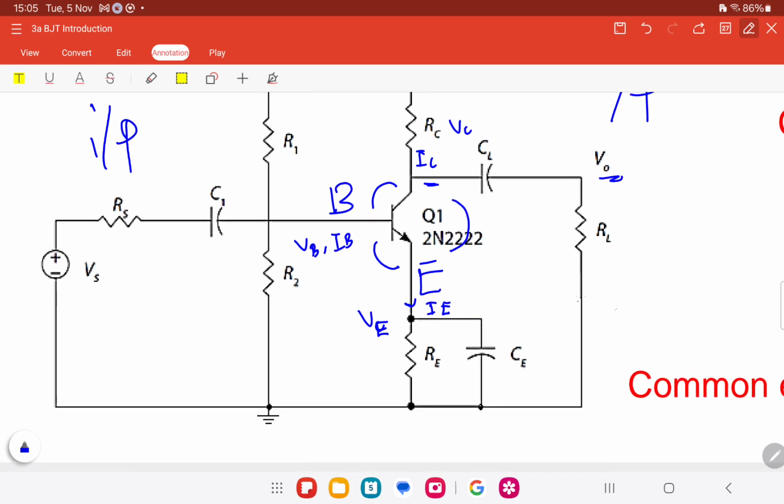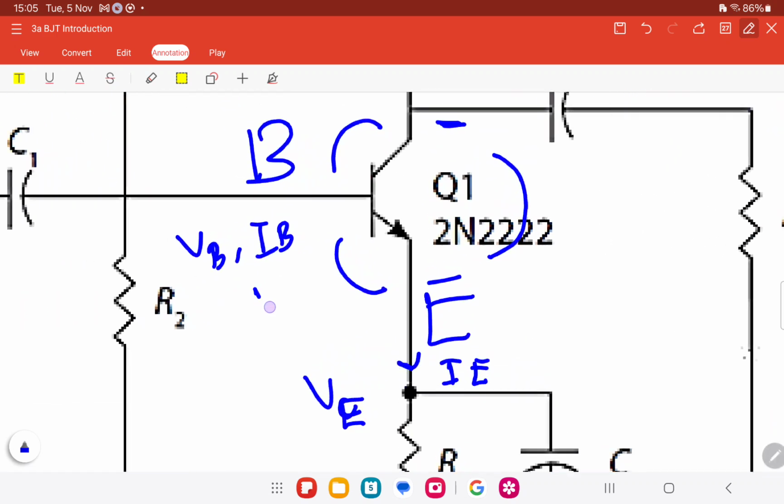Pernah dengar VBE equals to 0.7. 0.7 pernah dengar? Kan? Okay, so VBE in between base and emitter. Itu VBE. Kalau VEB, value dia berapa?